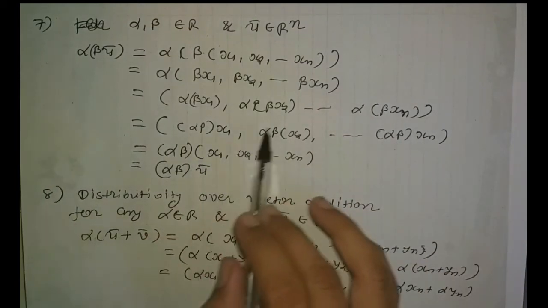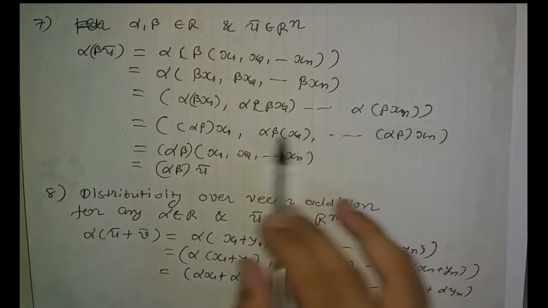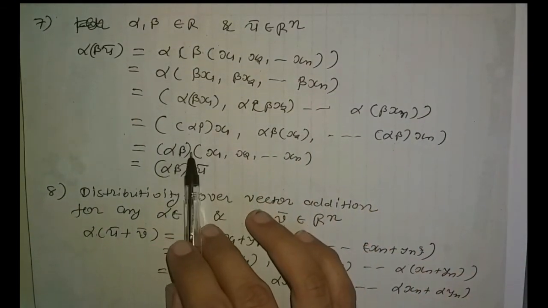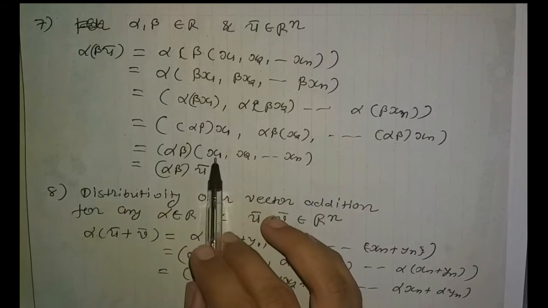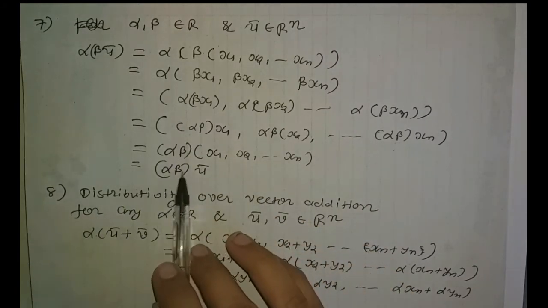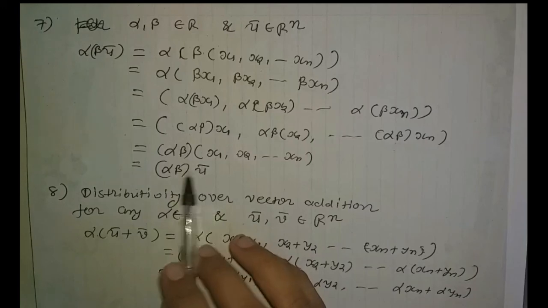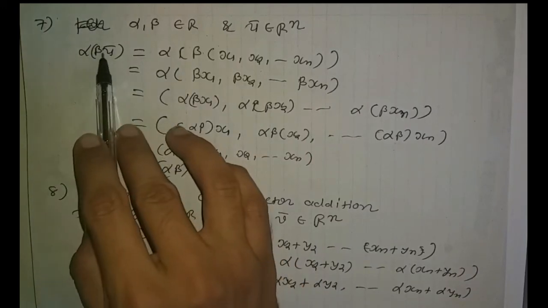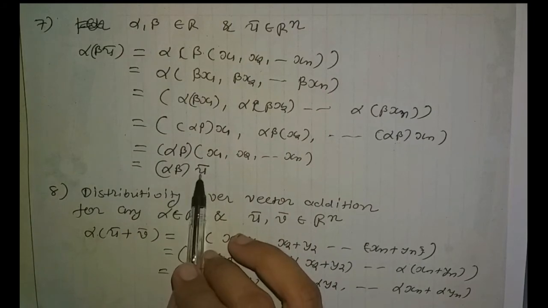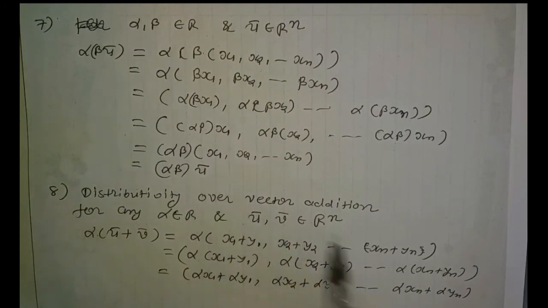Now again applying the definition of scalar multiplication, this is alpha beta scalar multiplied with vector x1, x2, xn, which is equal to alpha beta times vector u bar. So alpha (beta u bar) equals (alpha beta) u bar.